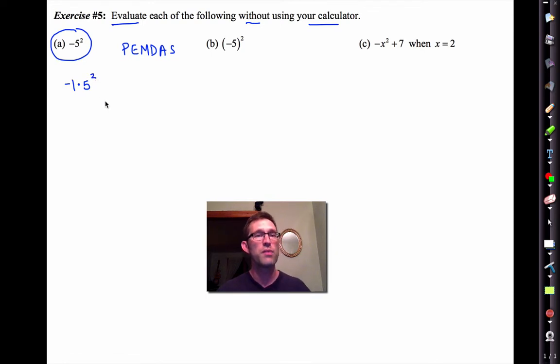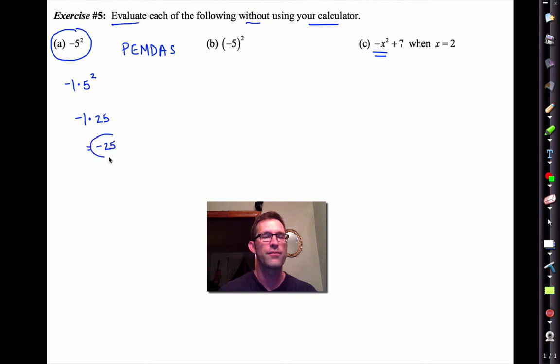If not, then it would be very, very hard to interpret something in letter C that looks like this, right? Think about this, negative 5 squared versus negative x squared. Even the way that I say it is confusing. But this literally means negative 1 times 5 squared, so that would be negative 1 times 25, which would be negative 25.